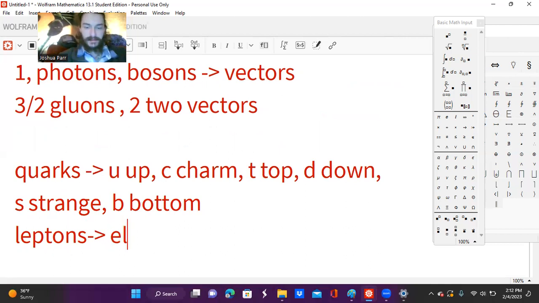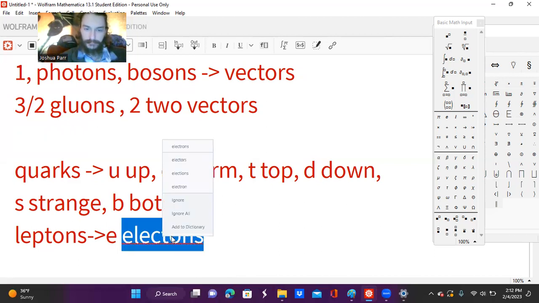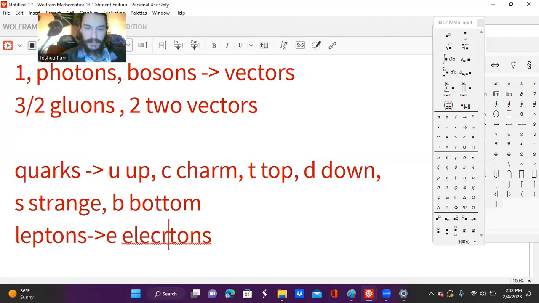And that is like electrons. E electrons. And then we have the mu muons.